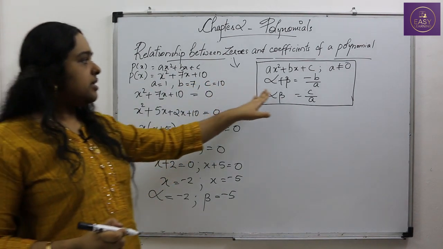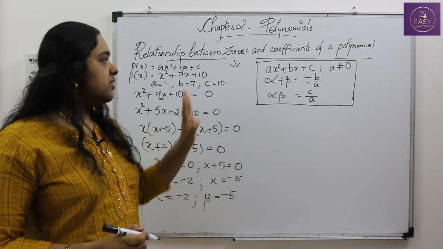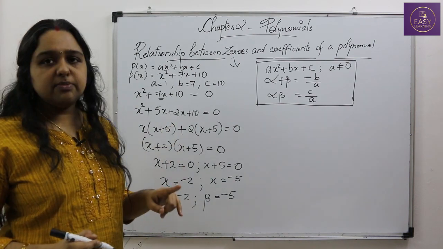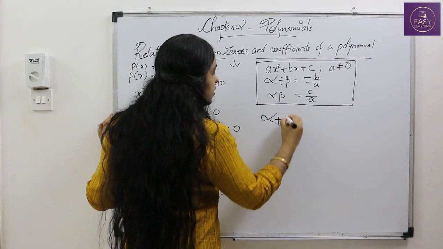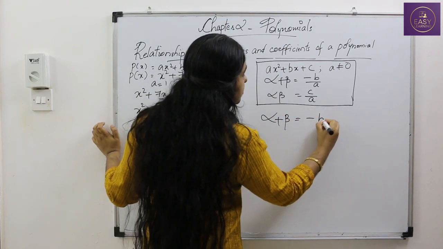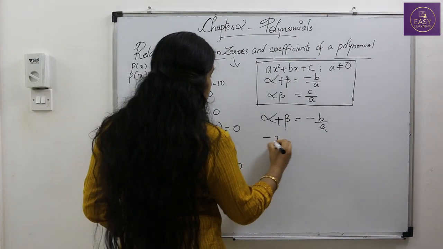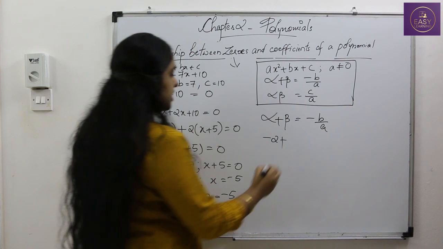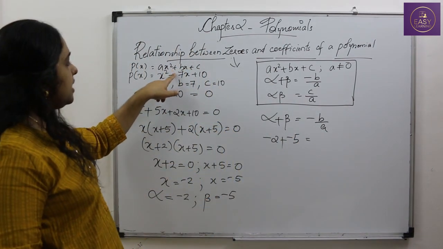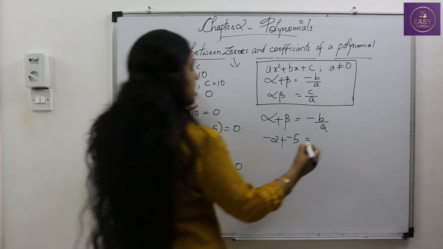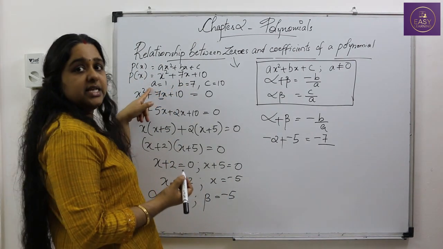We'll just verify whether this is correct or not. We need to check whether alpha plus beta is minus b by a. We are going to solve the first equation: alpha plus beta equals minus b by a. Alpha is minus 2 plus beta is minus 5. B is 7, so minus b is minus 7, divided by a, which is 1.